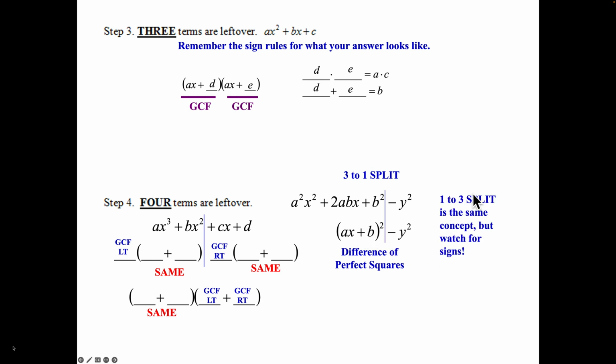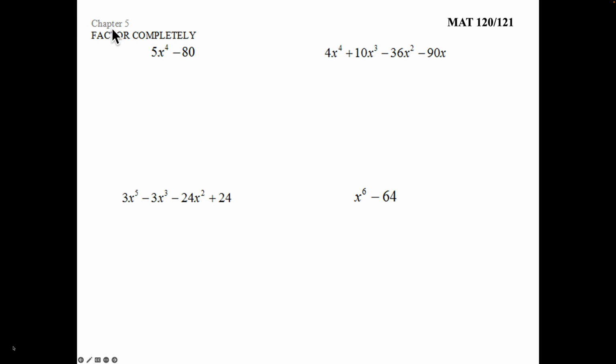Now, this could turn into a 1-to-3 split. You would just have the y squared first minus ax squared minus 2abx minus b squared. Factor out the negative, and it'd still be the same thing. I have an example of this. You'll see it, so don't panic.